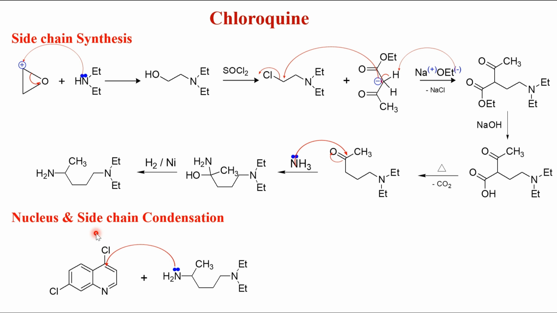That's why it attacks on the carbon to which the chlorine is attached owing to its electron deficiency. And the chlorine gets kicked off. H plus from NH2 and Cl minus from here combine together to be lost as HCl, and the carbon-nitrogen bond has occurred and chloroquine has been prepared. This is the method of synthesis utilized for the synthesis of chloroquine.